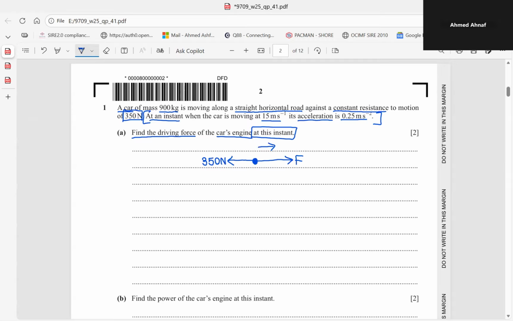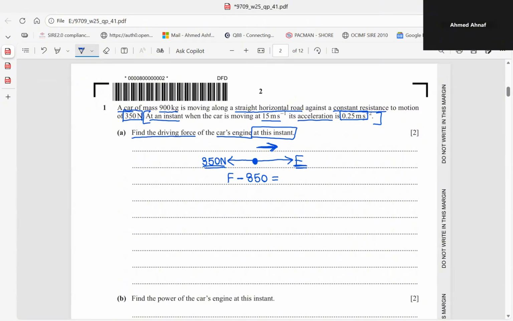We are told that it's accelerating at 0.25 meters per second squared. So if there's acceleration, that means this F is not equal to 350, and instead we're going to have to combine F and 350, with F first because it's moving in this direction.